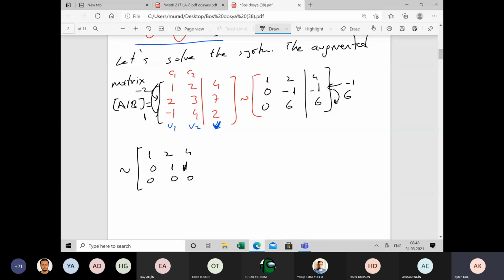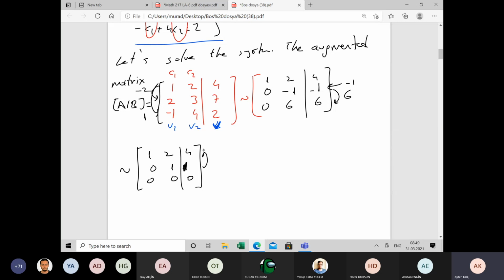This one is the row echelon form. To get the reduced row echelon form, multiply by -2, and so we obtain, yes, this one the same. Apply the operation, 0, 1, 1, -2, 2, 0, -2, 2. So we get the reduced row echelon form, and then write the corresponding equations.